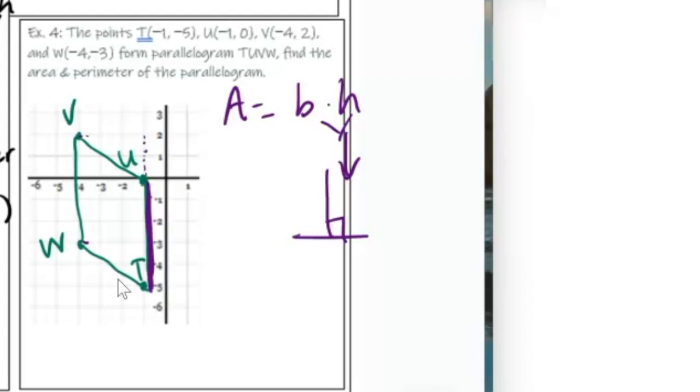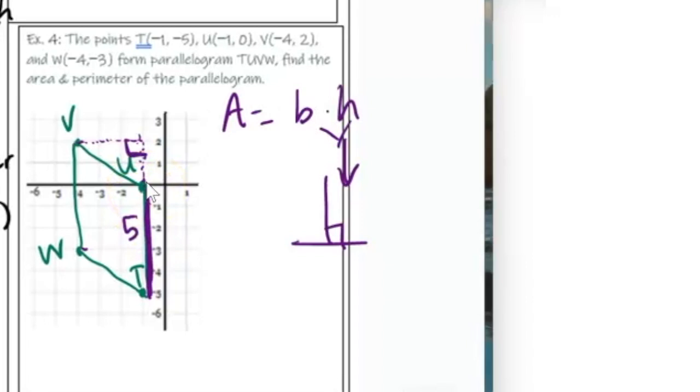Again, this is the base. I'm just going to continue the base along, and you can see I'm making a vertical line that meets at 90 degrees. That's the key thing: when you choose your base and height, they must be perpendicular to each other. Just because I've extended the base doesn't mean I count that as part of the base, because the base is still part of the shape. This base is only from here to here: 1, 2, 3, 4, 5. So the base is 5.